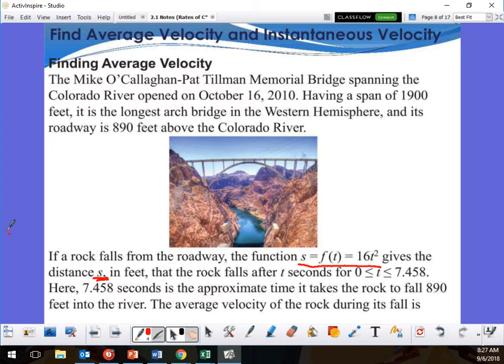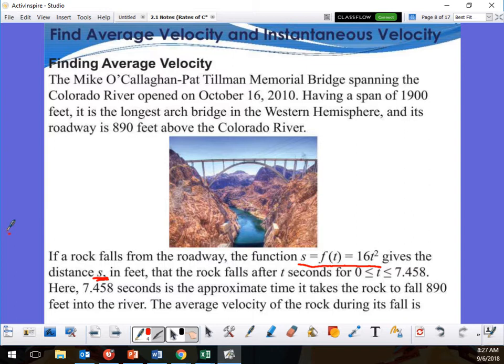It says the rock falls after t seconds, from 0 to 7.458. Why is that in my domain? Because it's the time in which the rock falls to hit the ground at 890 feet.